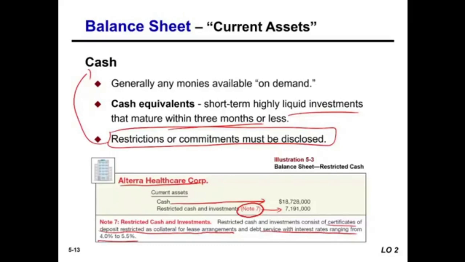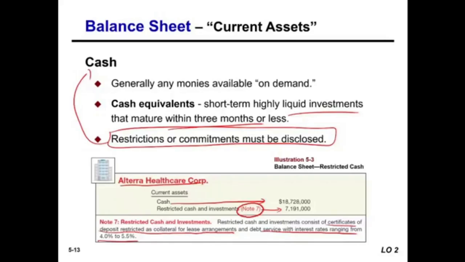So what they're saying is this: they have cash of 18 million, 18.7, that's free and clear, and they have some restricted cash of 7.2 million, and they tell you why the cash is restricted. As an investor, as a creditor, you need to know why they have the restriction, and they're telling us here they have it in the form of a CD, collateral for a lease agreement and debt service.